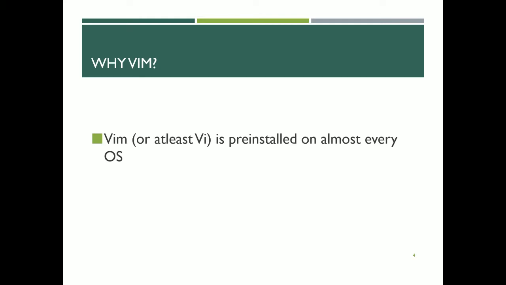Vim comes pre-installed on almost all operating systems, or at least VI is. If you install Debian, Ubuntu, Red Hat, CentOS, you name it, you'll have at least VI installed on every one of them by default.